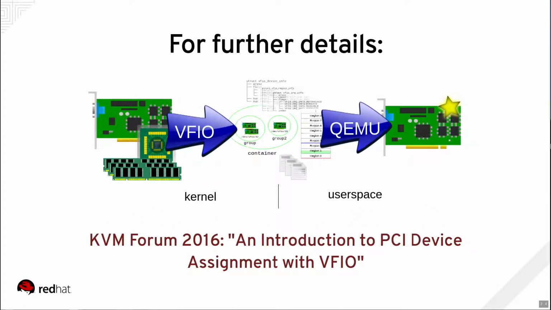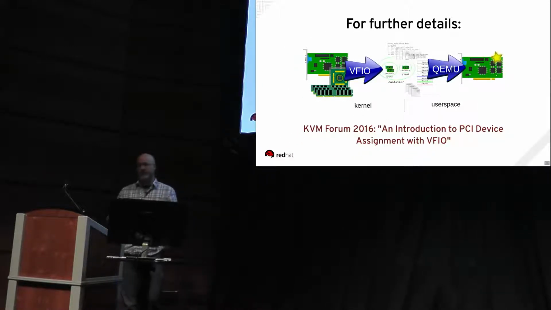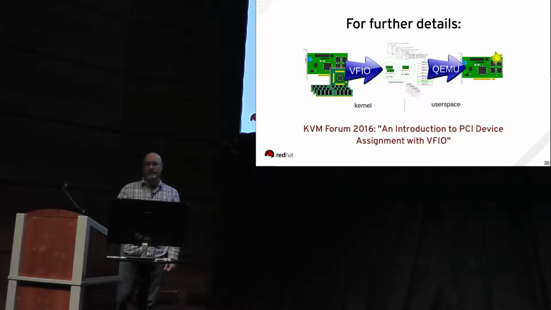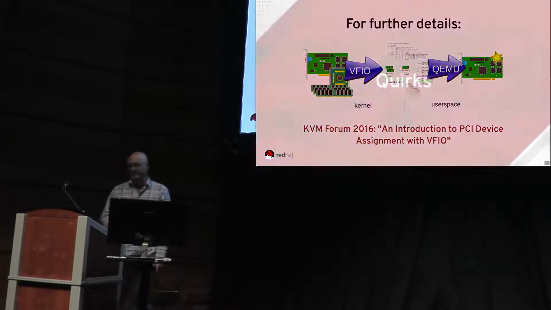So the overall end-to-end view of VFIO is that we have a kernel driver that exposes a user interface that is consumed by a user space driver, and in the VM case, becomes a new virtual device in the VM. It has been kindly referenced a few times. Please take a look at my KVM Forum talk from 2 years ago. There's a video on the KVM Forum channel page that goes into this in much more detail than I can provide in 2 minutes.